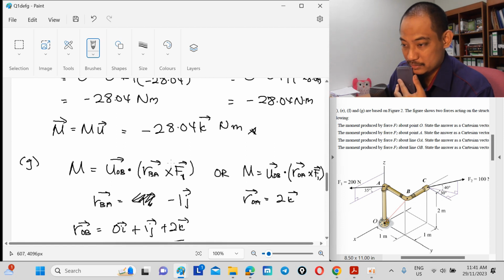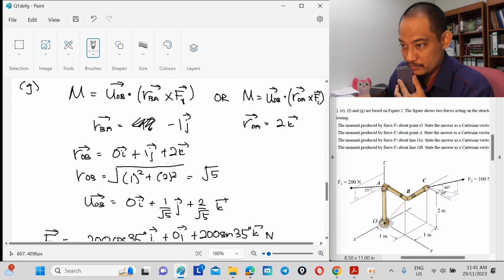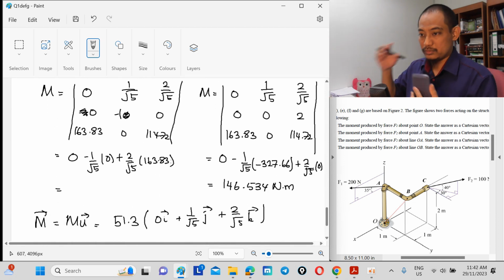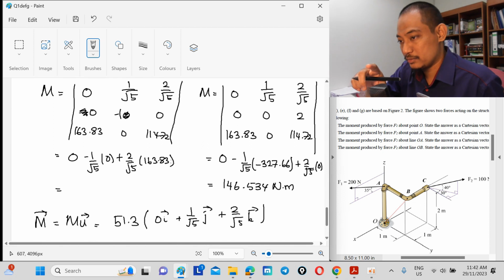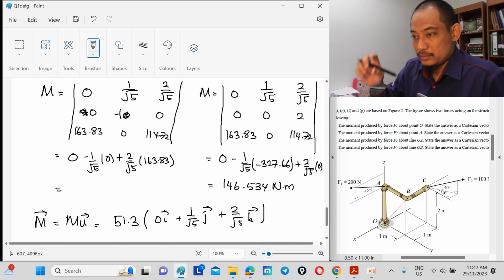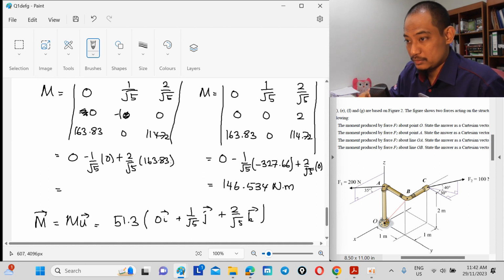Which of these two is wrong? Minus 1 j. BA, right? Minus 1 j. So minus 1. So 0. Okay, nothing. Wait, did I calculate wrongly? 2 times 163.83 divided by 5.